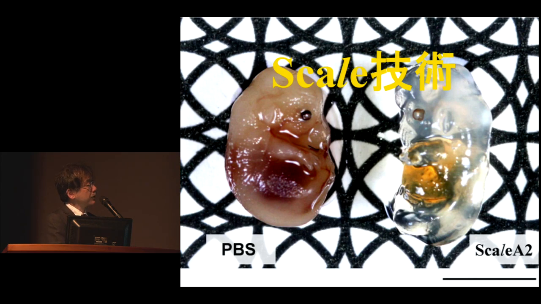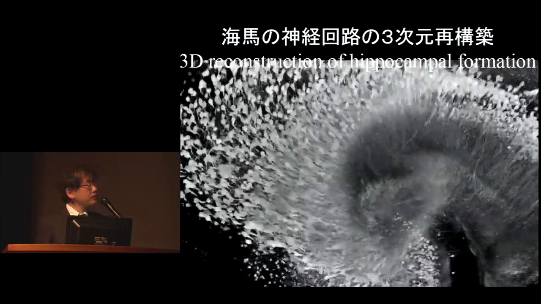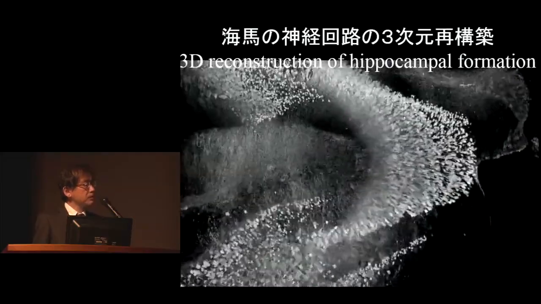ScaleA2 can clarify fixed biological samples, and it can eliminate light scattering. But it doesn't eliminate light absorption, so ScaleA2 preserves the color information. We have already shown many examples of large-scale 3D reconstructions of GFP-expressing cells and neurons.